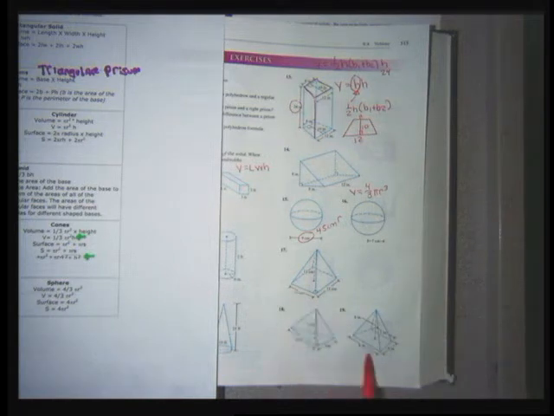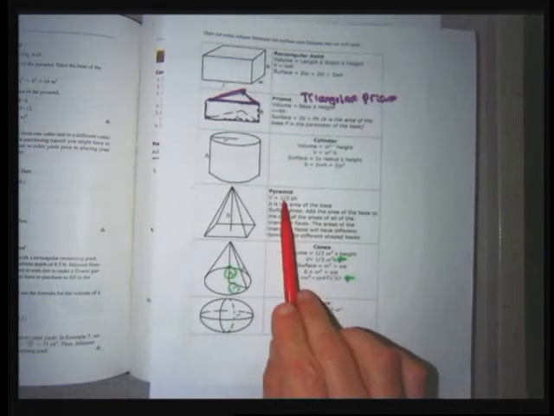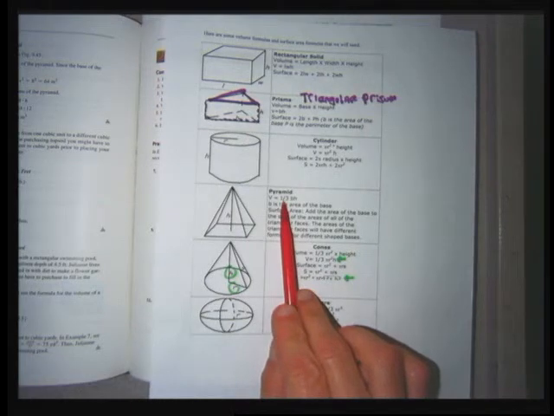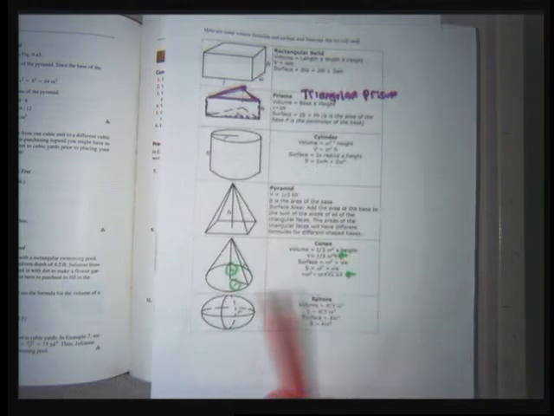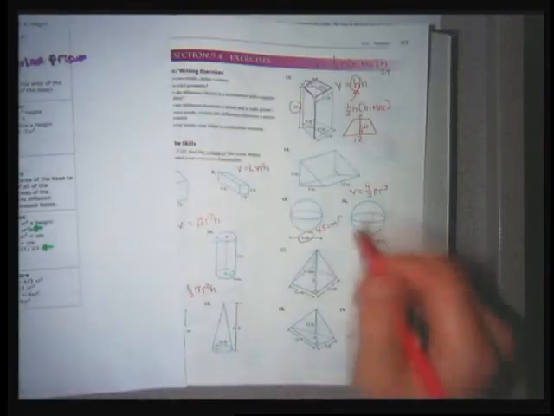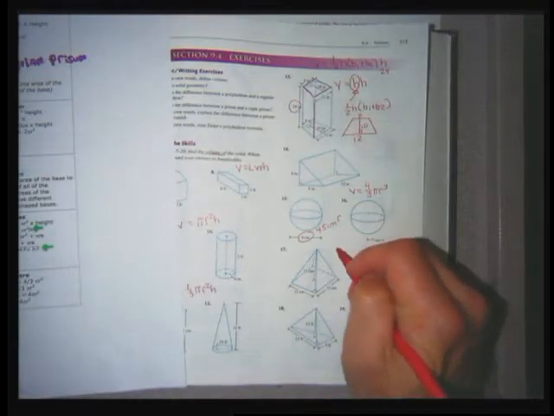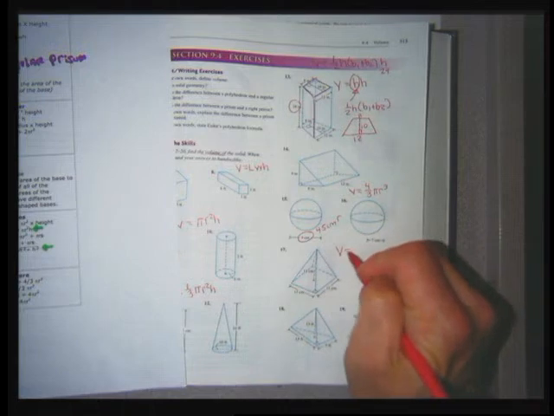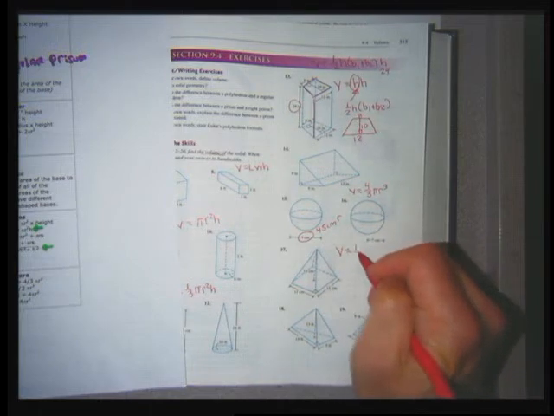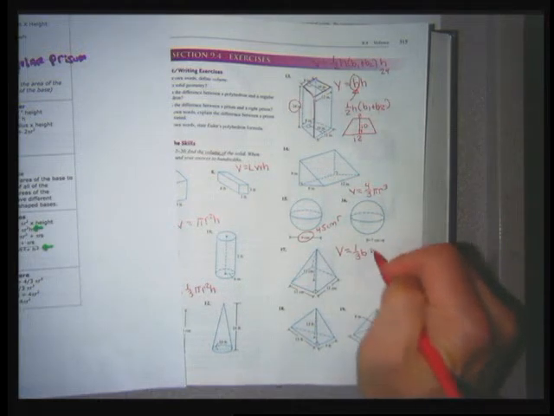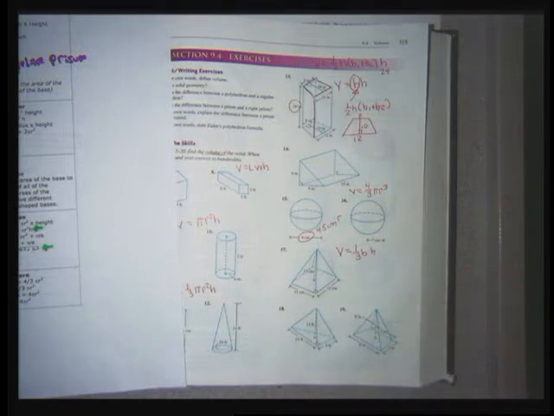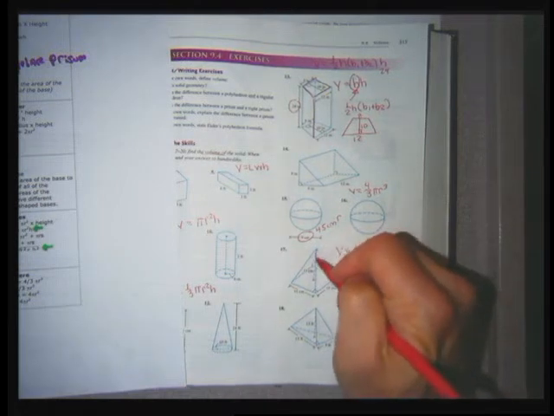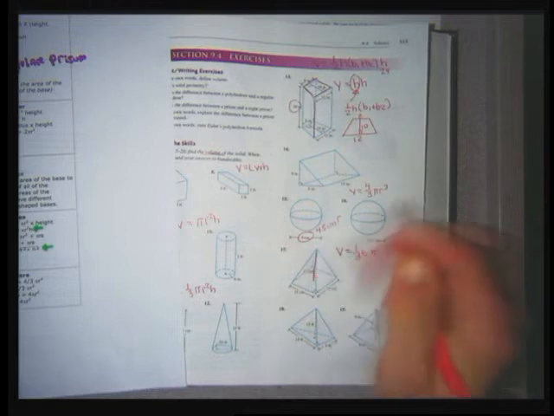Problems 17 and 19 are pyramids. Pyramids are similar to prisms. The volume formula is 1/3 the area of the base times the height. I'll just sketch out 17 for you. If I look at 17, the volume is going to be 1/3 the area of the base times the height, and the height that the author wants is this right here, this 13 centimeters.